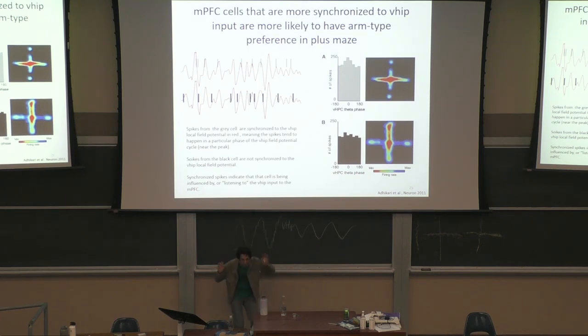So it's like they're listening to the hippocampus and saying, I'll fire now. And this yellow cell was active at all sorts of random time points relative to the oscillation, and it seems to not be paying attention to this oscillation.